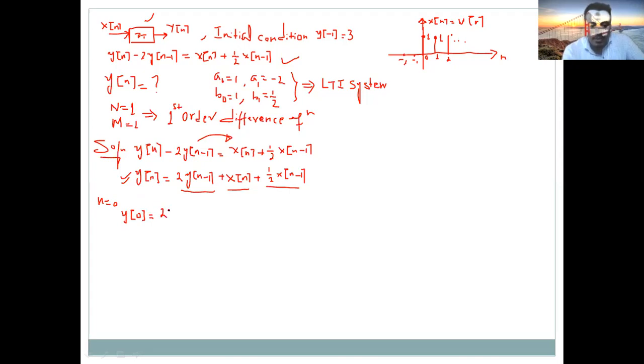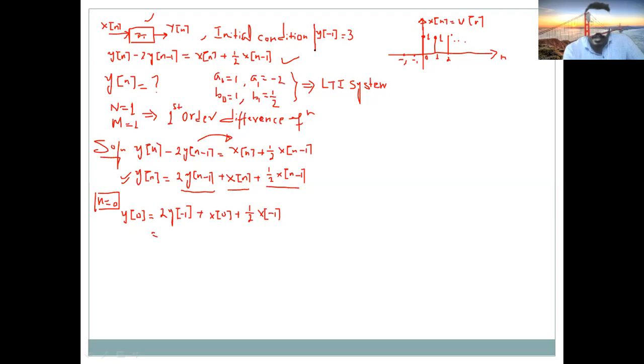So 2 times y, when you substitute n equal to 0 here, 0 minus 1 will be minus 1, plus, now substituting n equal to 0, we are calculating the output for time 0, the input will be x of 0, plus half of x of n minus 1. When n is 0, it will be x of minus 1. So how much is y of minus 1?